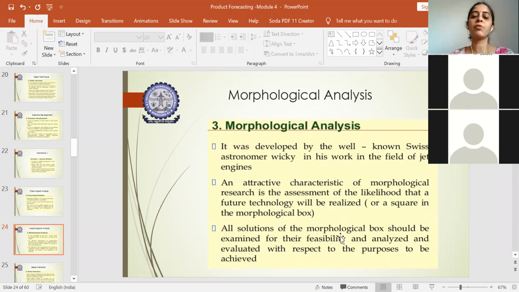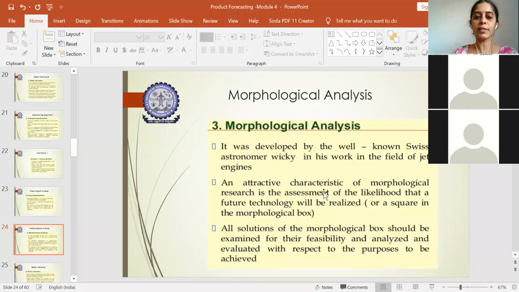Then each box will be evaluated to see whether the purpose which is needed is achieved or not. The purpose here is nothing but the problem definition you gave initially in the input process. If that problem definition is satisfied here, then you can say that the product is successfully forecasted. So this is the morphological analysis.